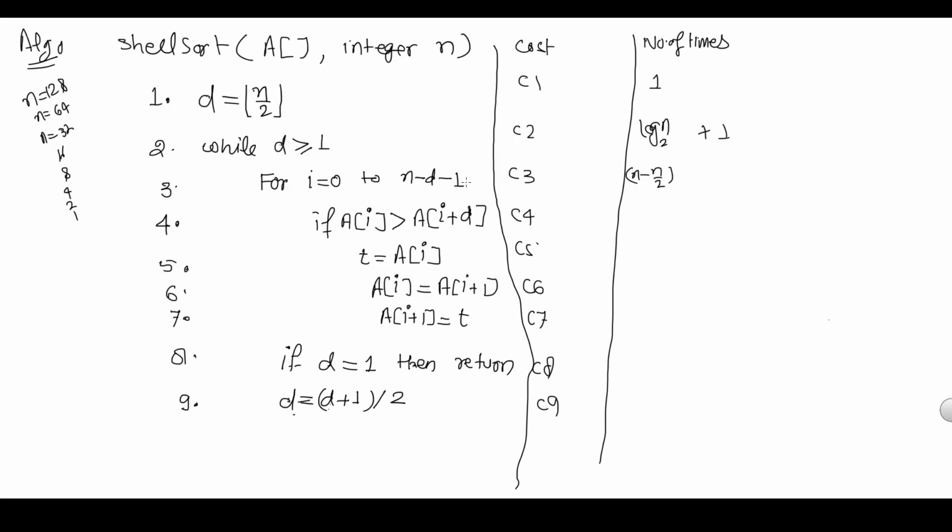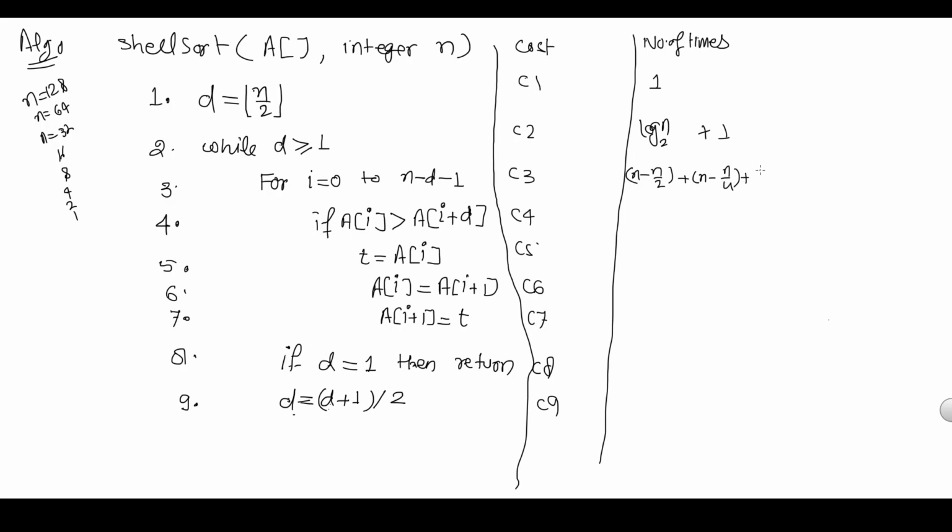We actually write here the number of times the statement is executing for the whole run of the algorithm. So the first time it will execute for n minus n by 2 times. Next time it will execute for n minus n by 4 times.